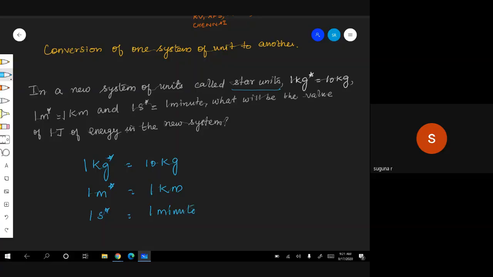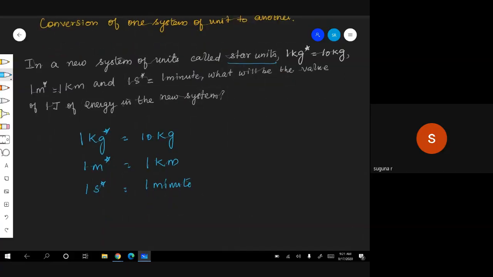Now you are asked to find what is 1 joule. 1 joule is in the MKS system or SI system of unit, and I want 1 joule to be converted into how many joule star. So I have to convert it. That is my question.